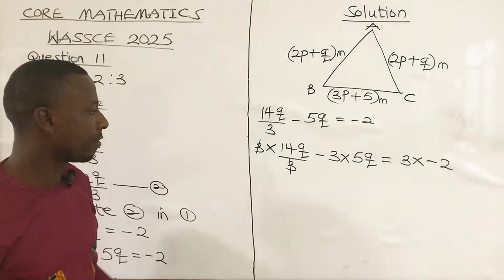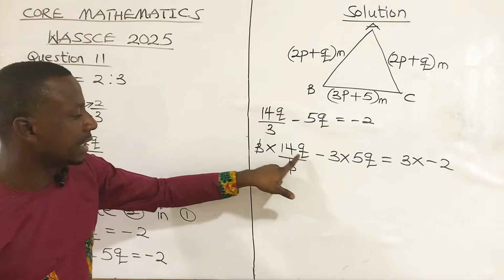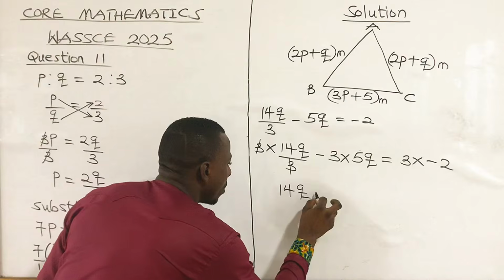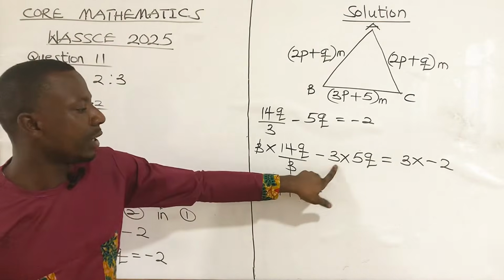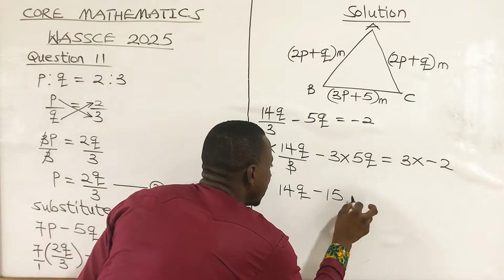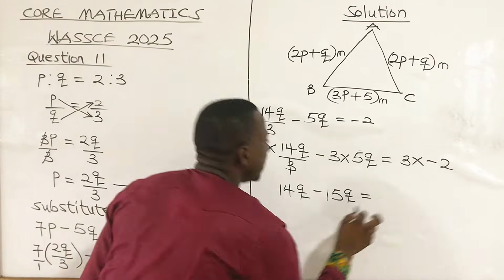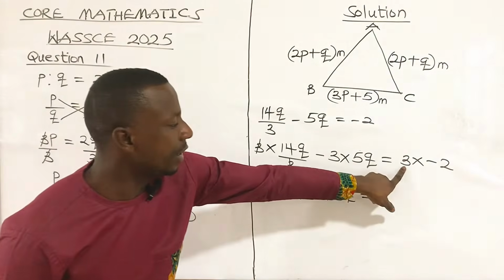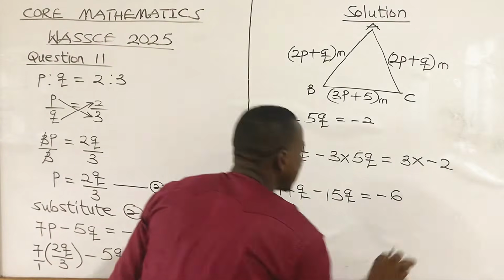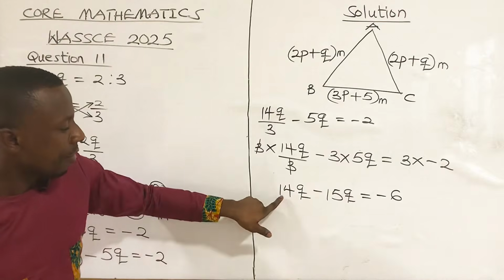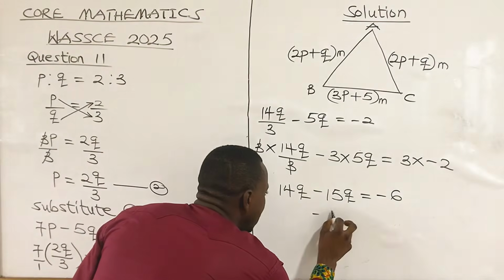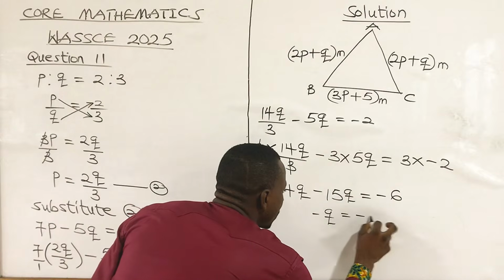Now I have 14q minus 15q, which is equal to negative 6. 14q minus 15q gives negative q, which is equal to negative 6.